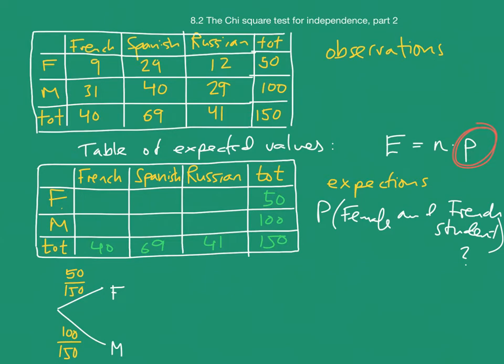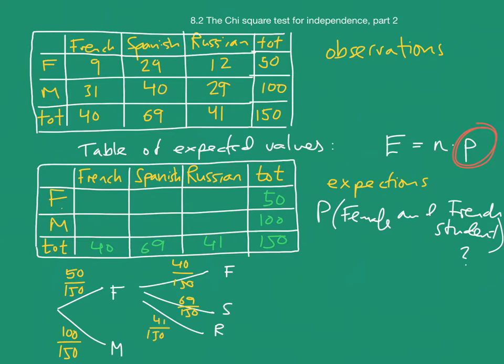Now, if we already know that we're talking about a female student, what's the chance that this student is a French student? And generally, the probability for being a French student is 40 out of 150. For Spanish students, it's 69 out of 150, and for Russian students, it's 41 out of 150.